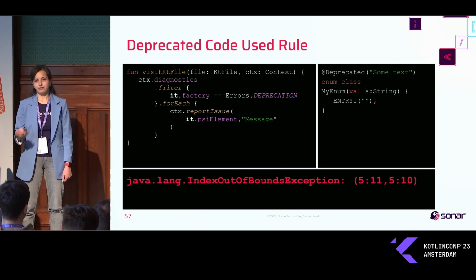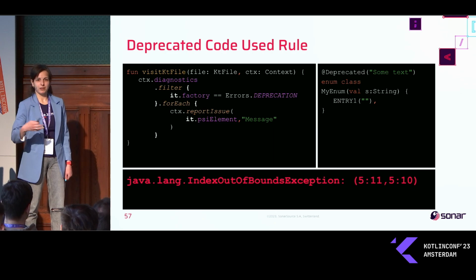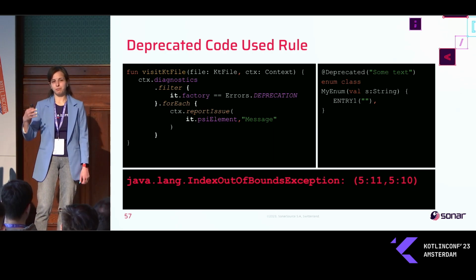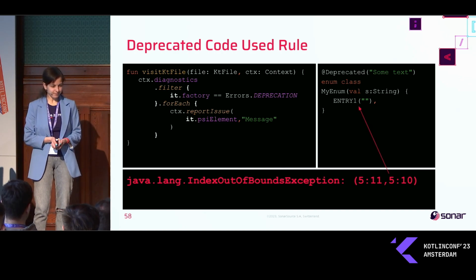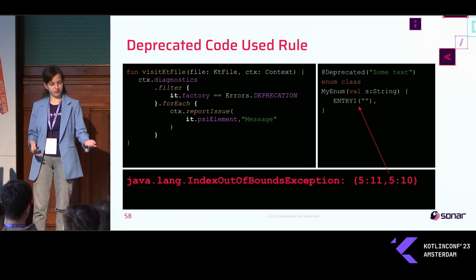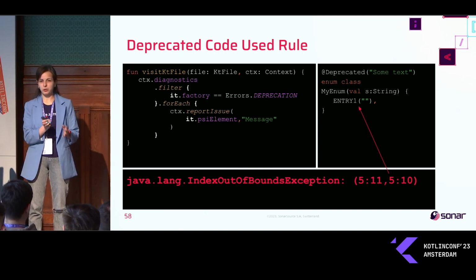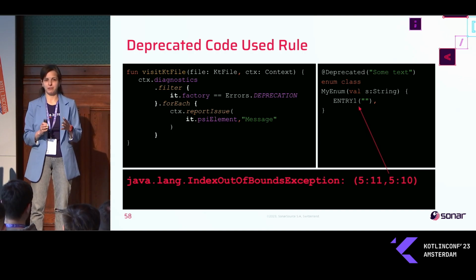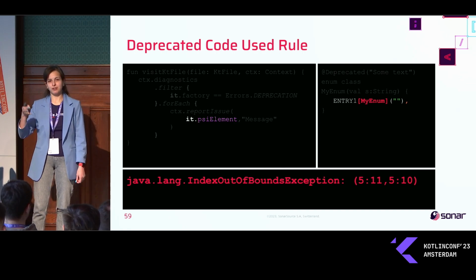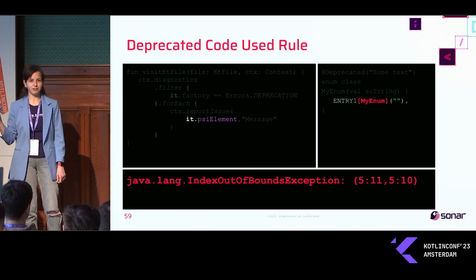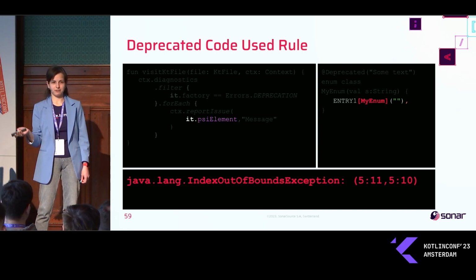So why does the index out of bounds exception happen? Because in our tools, we try to report an issue on something that is out of range. Why? After some investigation, we found out that it's actually here, between the entry and the opening parenthesis. Why? Because when you put a deprecation on an enum in Kotlin, it also has a primary constructor, so you actually deprecated the primary constructor.